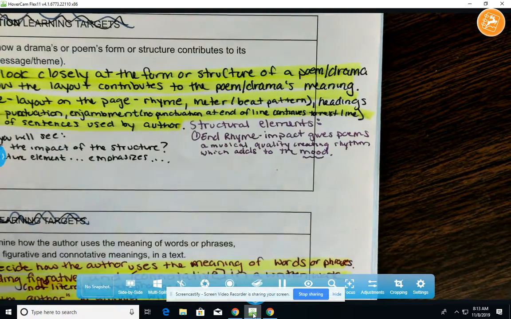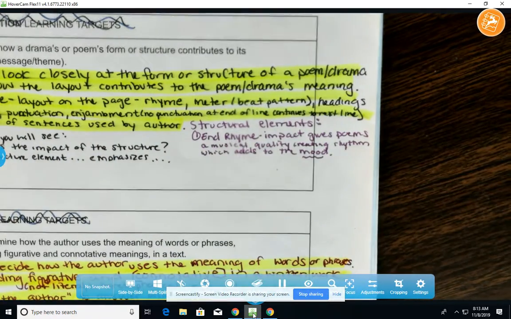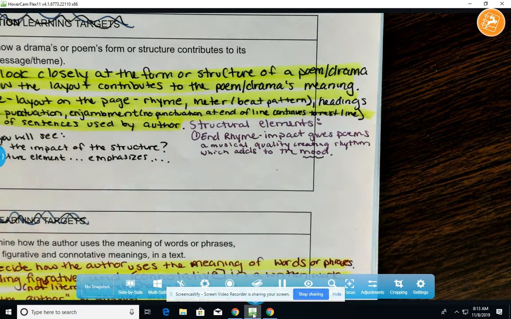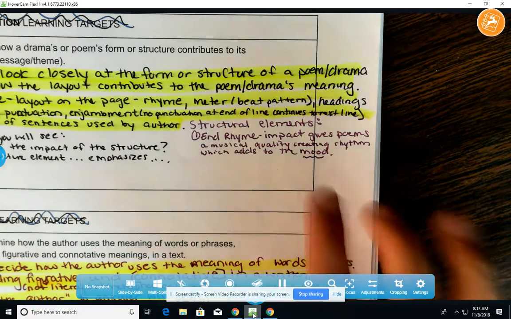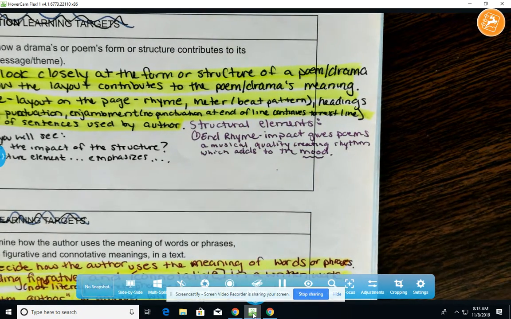So you are going to be looking at the impact the rhyme scheme has on the emotional feel of the reader, of the mood. I want you to think about how end rhyme gives the poem a musical quality and creates a rhythm. And what feeling does it give you as you read it with that end rhyme throughout the poem? That mood will sometimes tie in to what's happening in the poem as well as the message of the piece.